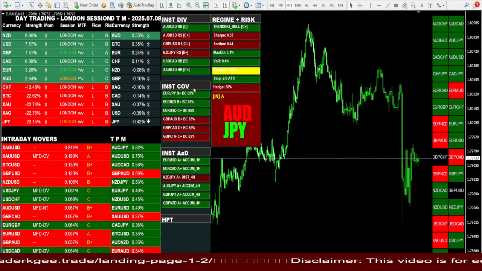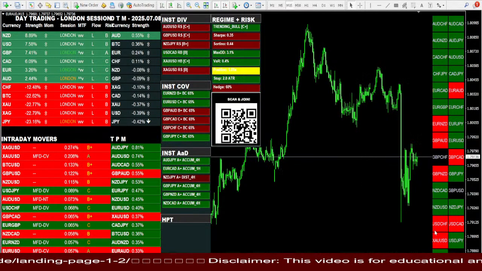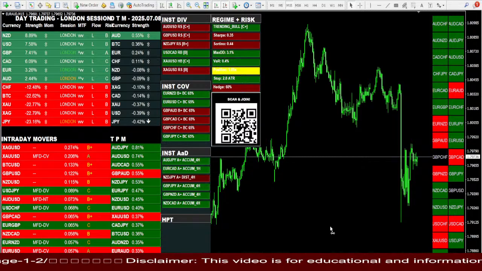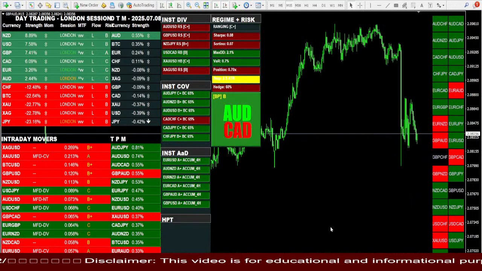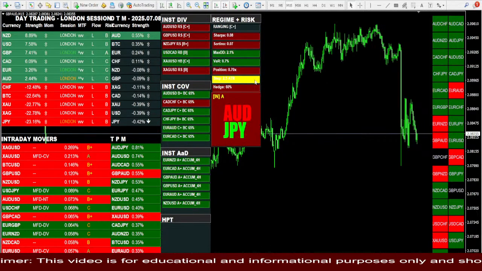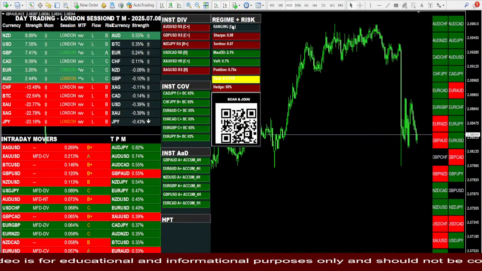Okay, even Euro AUD is trending bull. So let's do GBP AUD. Okay, it says ranging. Alright, it says ranging. How about we look at XAU USD? This is XAU USD.